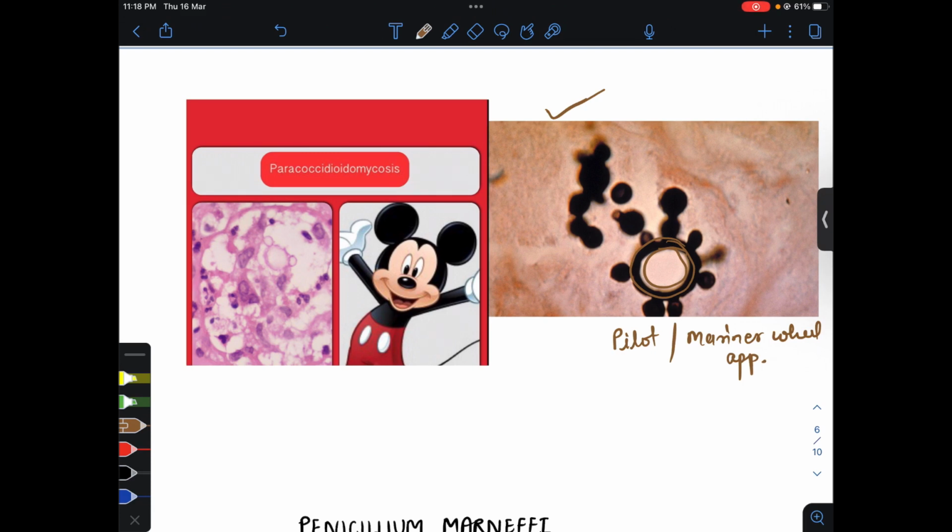And here we see a Mickey Mouse. So for Paracoccidioidomycosis we have to remember this image, that is pilot wheel appearance, and P for Paracoccidioidomycosis and P for PSM, meaning South American blastomycosis.